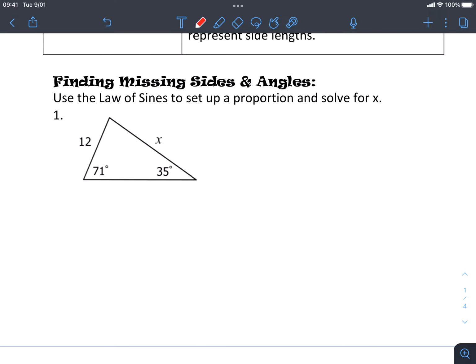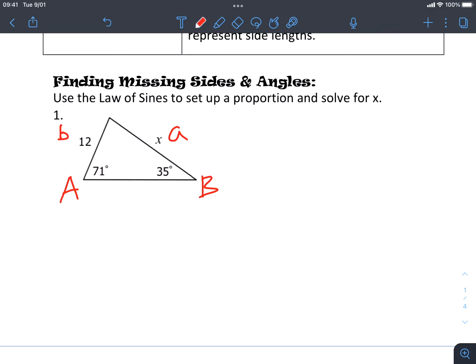It doesn't matter which variables you choose, just make sure you're consistent. For example, if this 71-degree angle was A, then my x side would be little a, and if this angle was B, then my 12 side here would be little b. It's the opposite angle and side of the triangle.